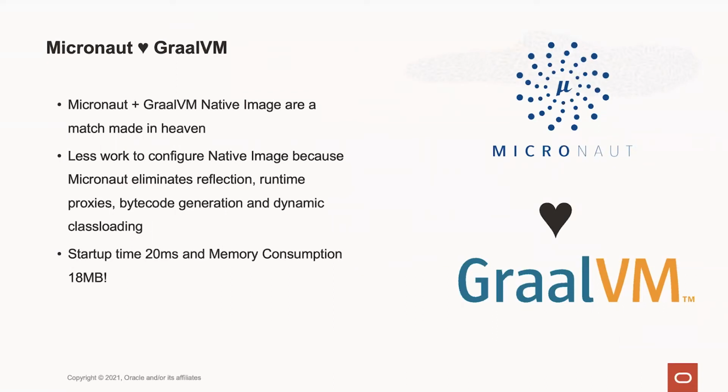There's a lot of work done behind the scenes for you, but by not doing all the runtime stuff that needs to be configured in native image, it just makes it so much quicker. And we've seen startup times as low as 20 milliseconds, and we're doing some optimizations for the upcoming Micronaut 3 that have brought down minimum start times to as low as 14, 15 milliseconds, which is pretty crazy, I think.